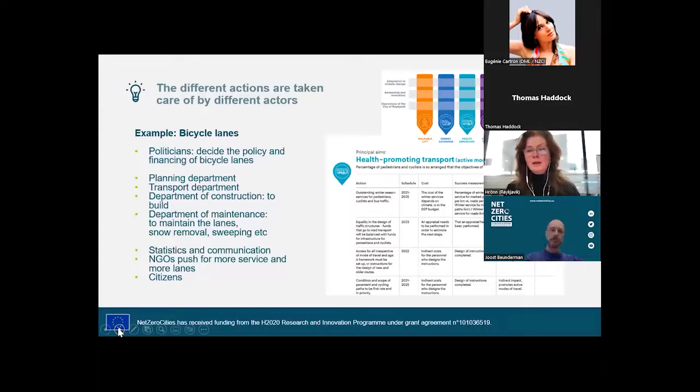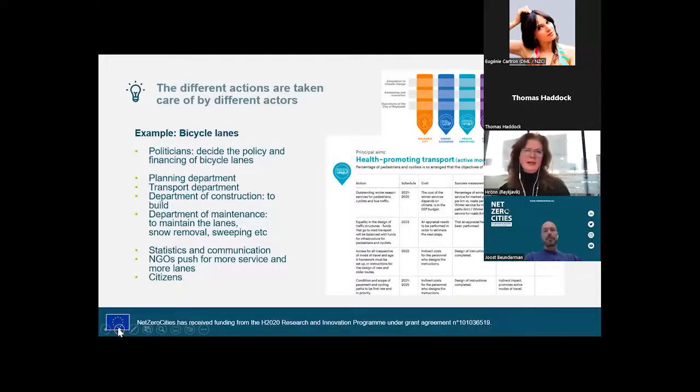And then last but not least, the actor that would guarantee the action to go through. And here we have the Department of Environment and Planning, but you see in the action plan that it's different kinds of departments that actually are the actors within the action plan.